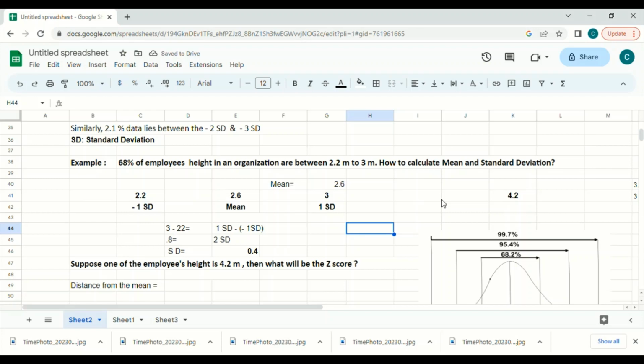That means we have to calculate how many standard deviations will come between 4.2 meter to 2.6 meter. That means we have to calculate the distance from the mean, which will be 4.2 meter minus 2.6 meter, which is the mean.